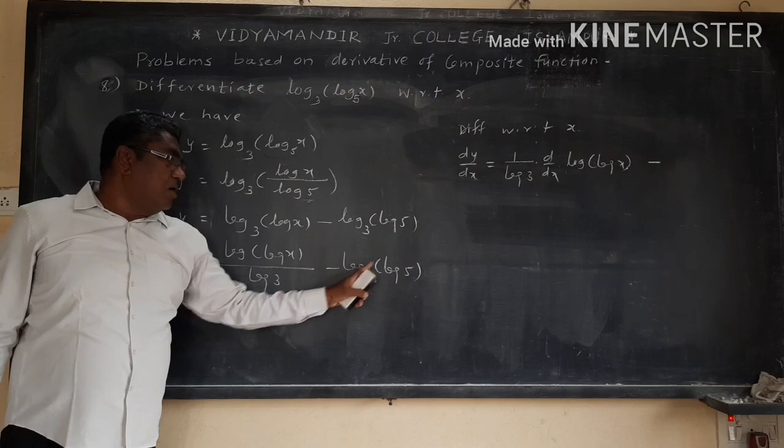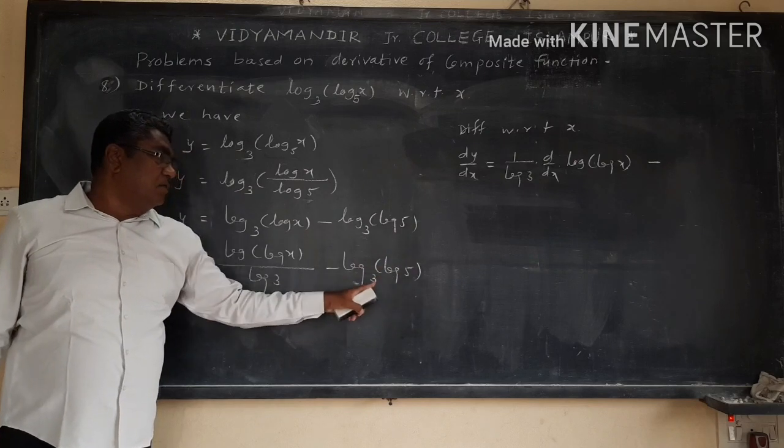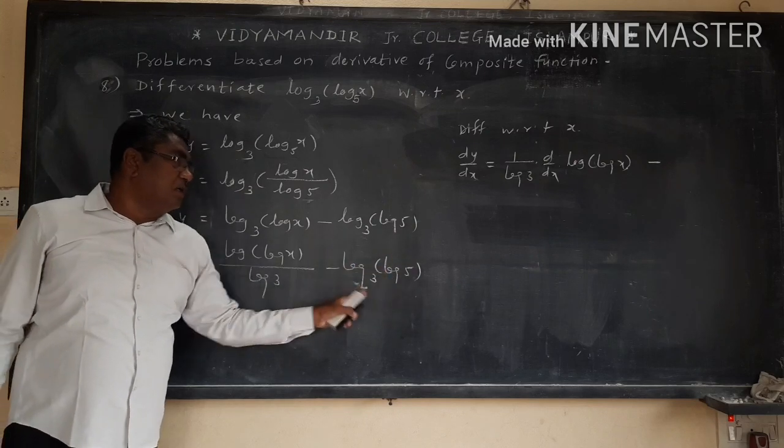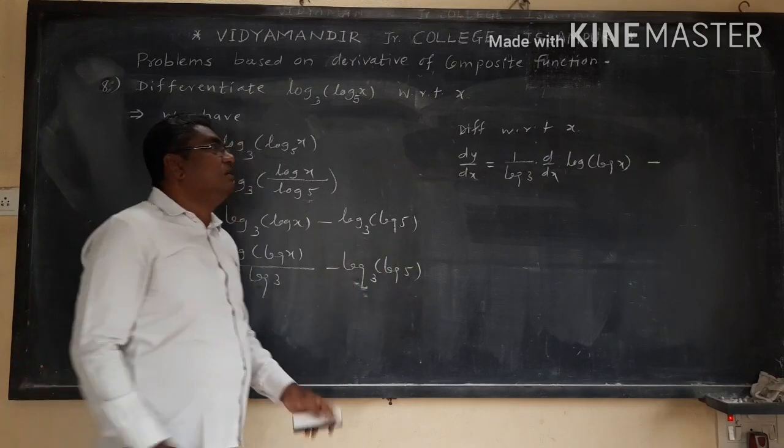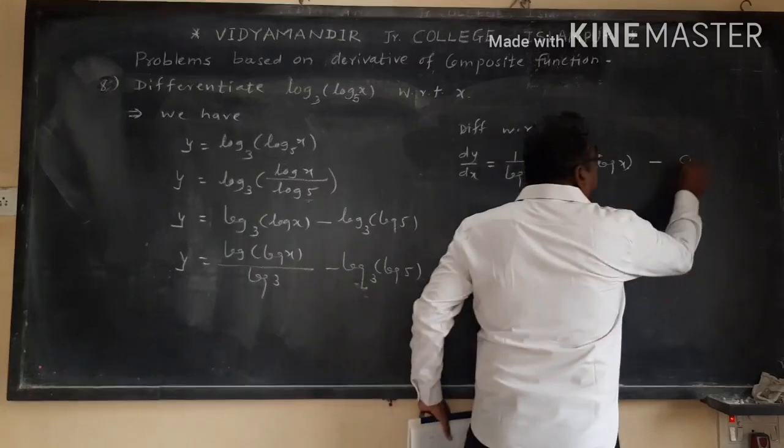Note that log 5 constant and 3 constant, log 5 to the base 3 is constant, derivative of a constant is 0. So derivative is 0.